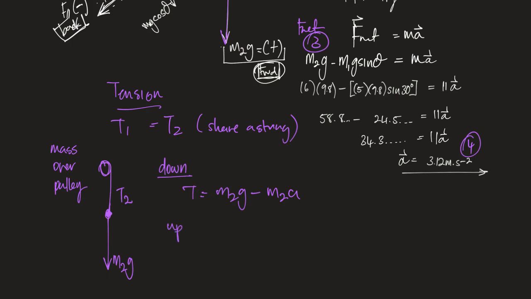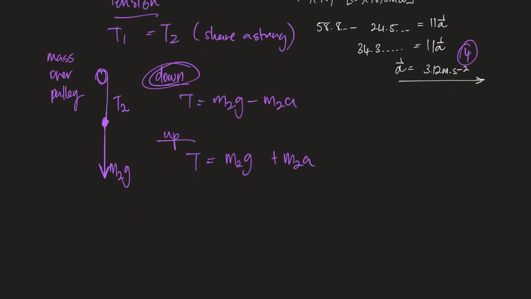If this mass is moving upwards, then tension is equal to M2G plus M2A. So now if I look at this M2G, it's moving down. So that's the formula that I'm going to use. So therefore I'll go T is equal to M2G minus M2A.